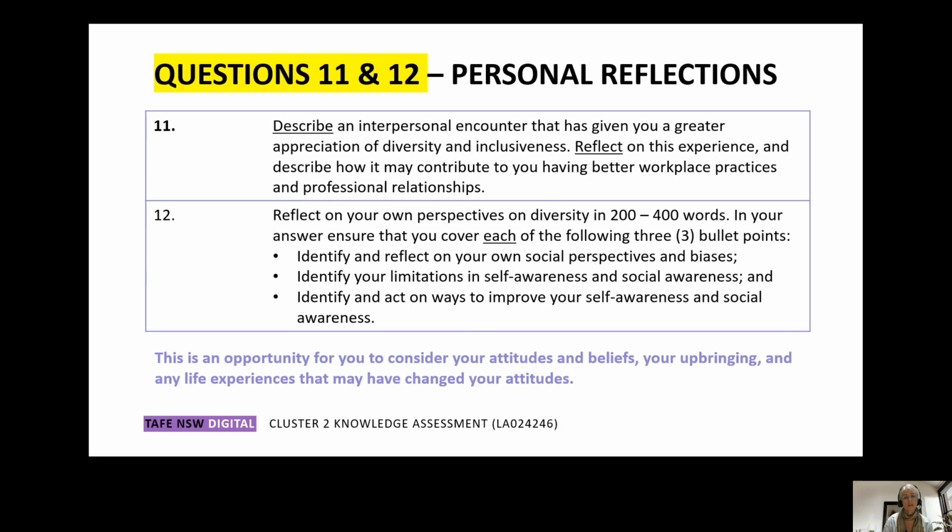But then perhaps you've had this interaction with a homeless person that's really challenged your belief system, and so you've changed your way of thinking, and now you're going to be able to bring that into your work in community services, and to ensure that you have better relationships with people, better relationships with clients.